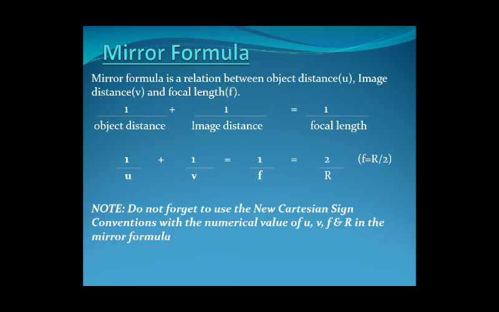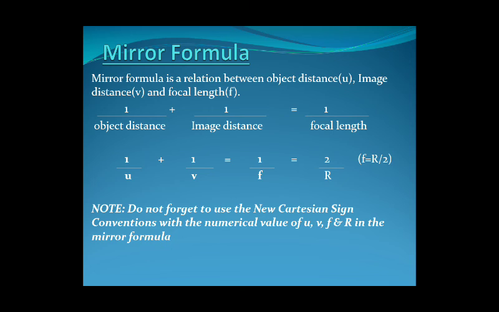Object distance is denoted by U, image distance by V and focal length by F. So 1 upon U plus 1 upon V equal to 1 upon F. And if we put the value of F in terms of R, then the formula will be 1 upon U plus 1 upon V equal to 2 upon R. Please, whenever you are putting the numeric values, apply the sign convention we learnt in our last class.